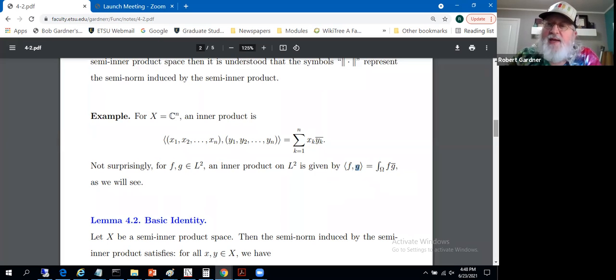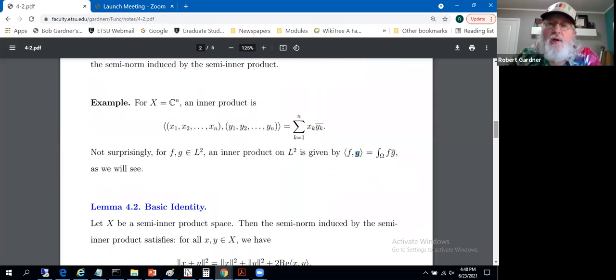And in the function spaces, the inner products are accomplished by taking integrals. Well, we foreshadowed this because we've looked at the L^p spaces as normed linear spaces. We just didn't have the norms coming out of inner products. And it turns out that that idea of having an inner product that induces the norm or semi-norm only works for L^p spaces when p equals 2. More of that shortly. We're developing the equipment to show that.